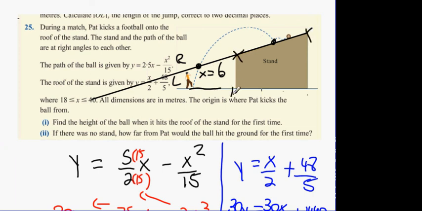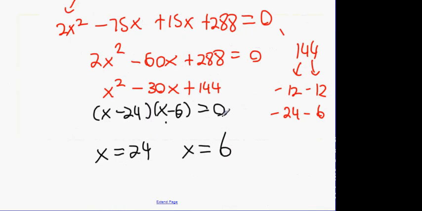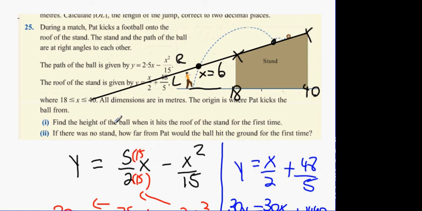It only works when x is 18 all the way to 40. This means the only answer that's relevant is the one between 18 and 40, which is 24. So when x is 24, we have to figure out the height. The height is given by the y value.